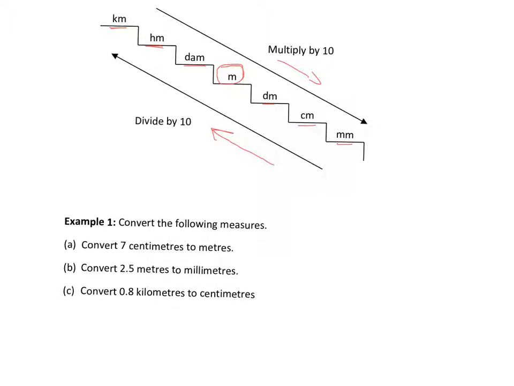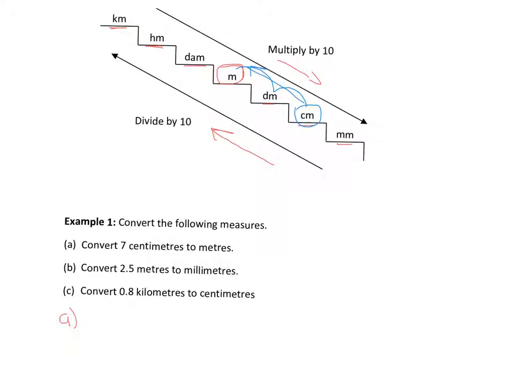So to do these conversions, looking at example 1 here, step A, we're looking at 7 centimeters to meters. So we're going from centimeters up to meters, and it's 2 steps that we're going up, so we are dividing by 10 twice.